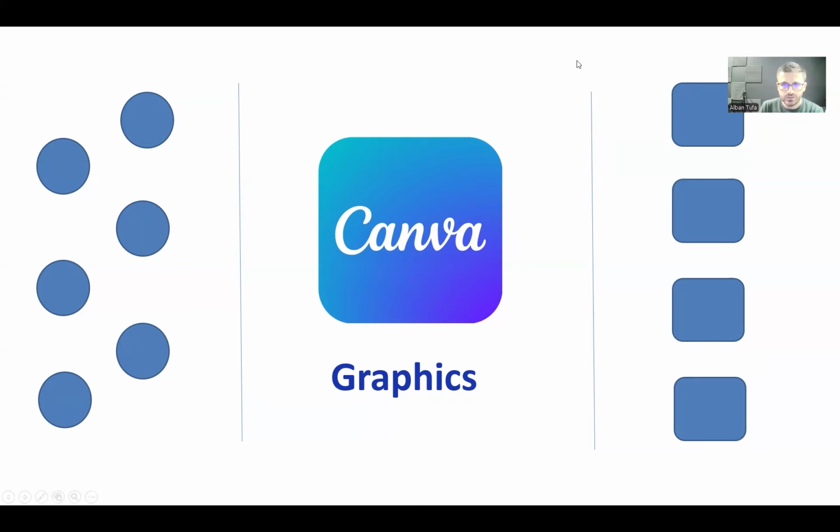So by using these lines here, or for example here, I am trying to separate this kind of graphics with squares here and the Canva logo here and some squares here and some roundabouts here.